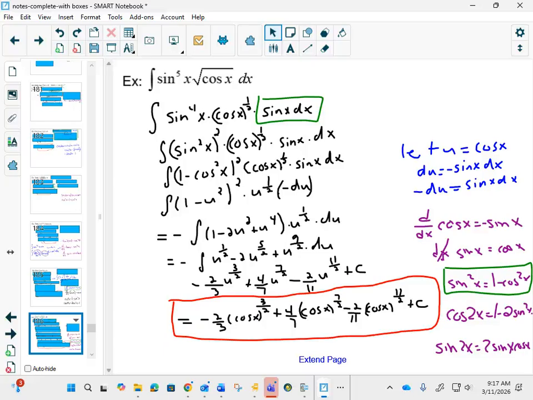It'll eventually become sine of 5x times the square root of x. So with sine and cos, if you see an odd power, we're starting to notice, make it an even power. That gets just a sine x dx or a cos x dx by itself, which kind of gives you a hint of what your substitution's going to be.